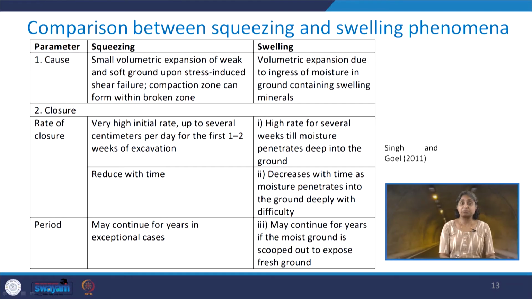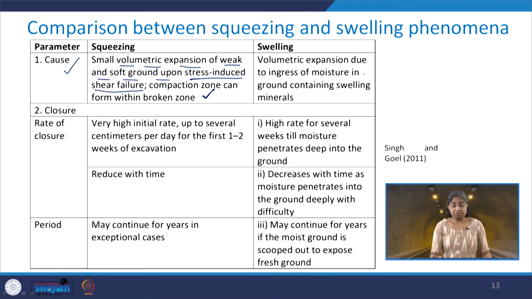So, the first parameter is the cause. In case of the squeezing ground condition, it is caused by the small volumetric expansion of weak and soft ground upon stress induced shear failure. Remember, it is stress induced shear failure. So, the compaction zone can form within the broken zone.